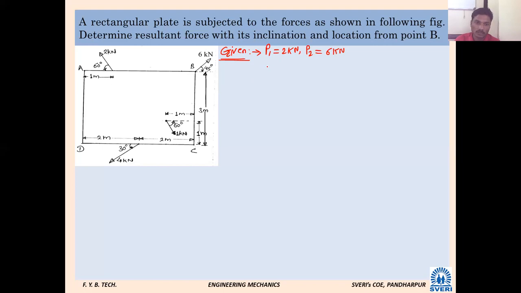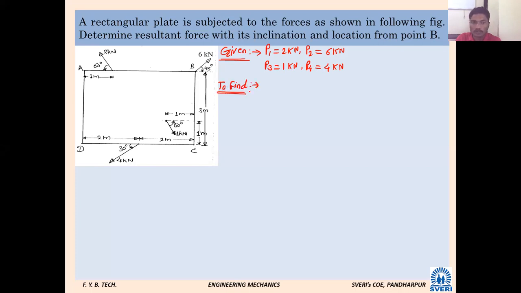Next, P3: 1 kilonewton. Very good. P4: 4 kilonewton. Okay, so what will we do? Again three things are necessary to find.